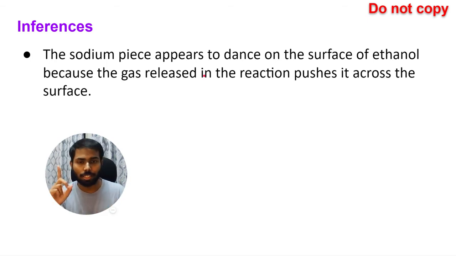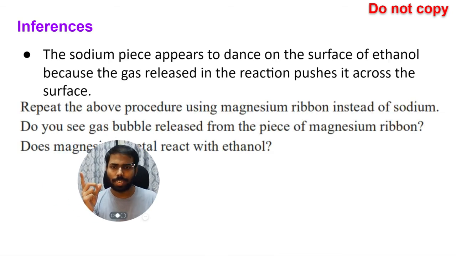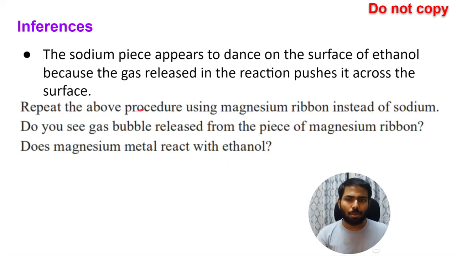Okay, that's the first inference. Also, they have asked in the textbook itself: repeat the above procedure using magnesium ribbon instead of sodium. Do you see a gas bubble released from the piece of magnesium ribbon? Does magnesium metal react with ethanol? Okay, so उन्होंने बोला कि same experiment magnesium ribbon के साथ करो. We are not going to do that experiment again with magnesium ribbon because इतना budget नहीं है हमारे पास.